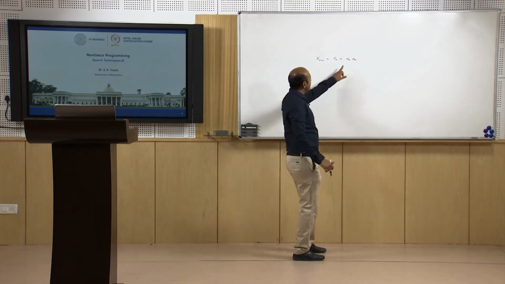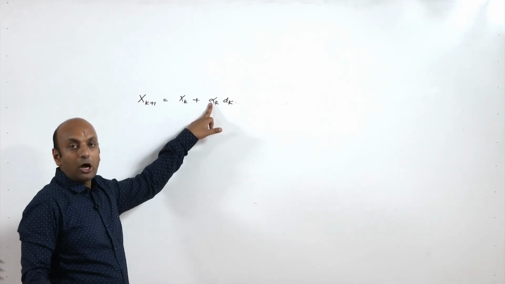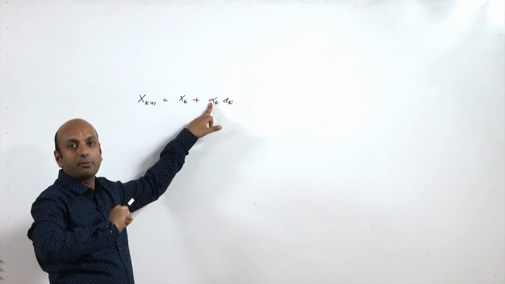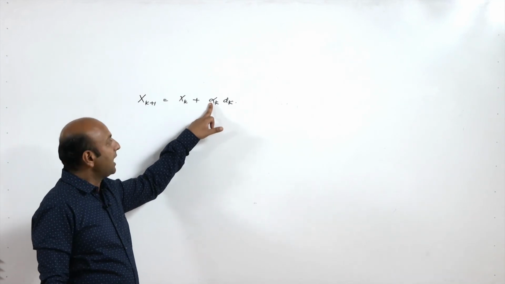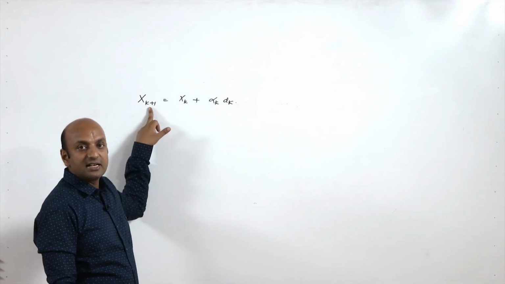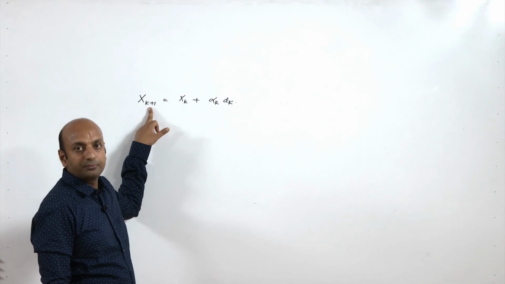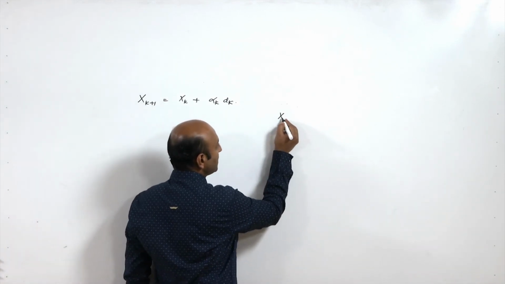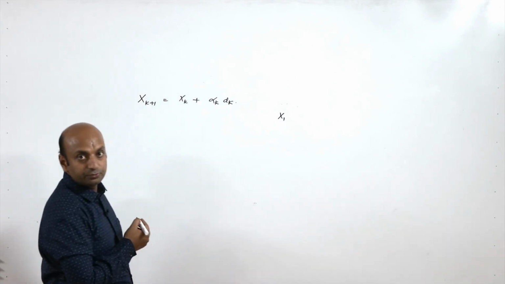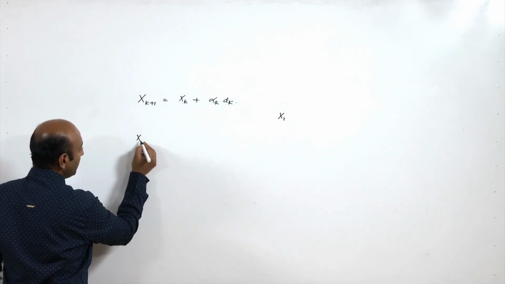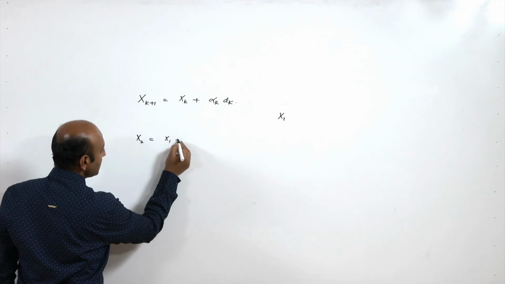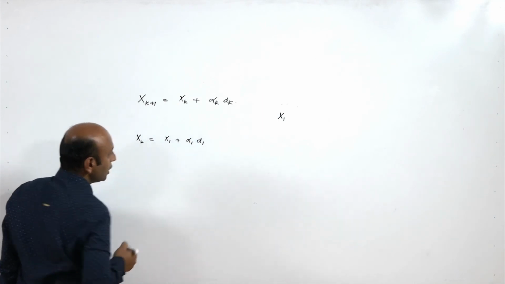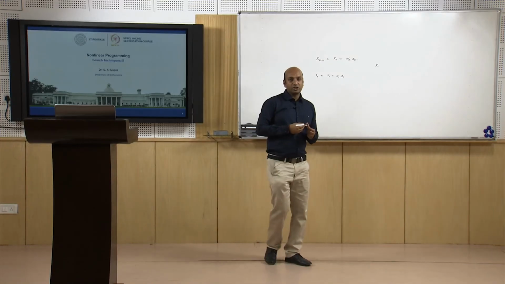Alpha k is the optimal step size, that is how much we should move in that direction, and using this we will get the next iteration, that is x k plus 1. Okay. Now, the initial approximation, the initial guess, is supposed to be known to you. Okay. So, x 2 will be x 1 plus alpha 1 d 1 for finding the next iteration x 2.